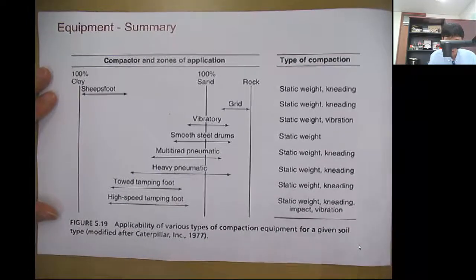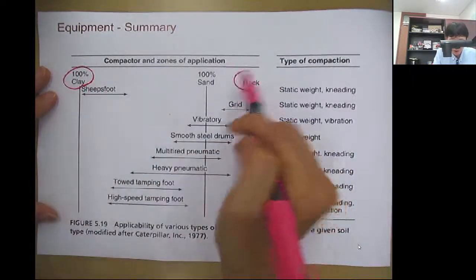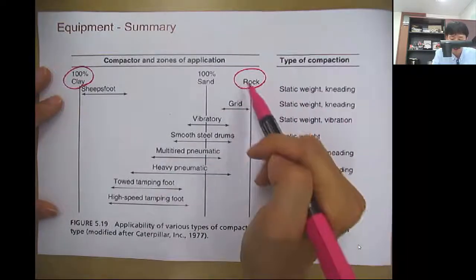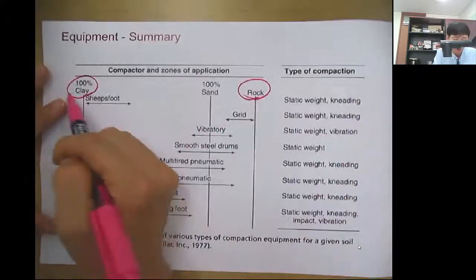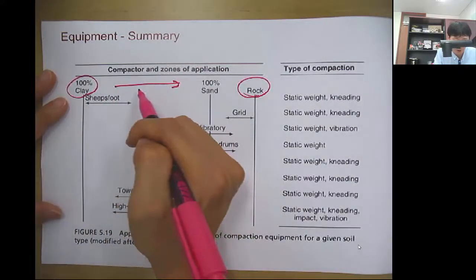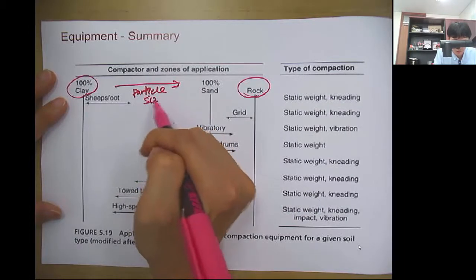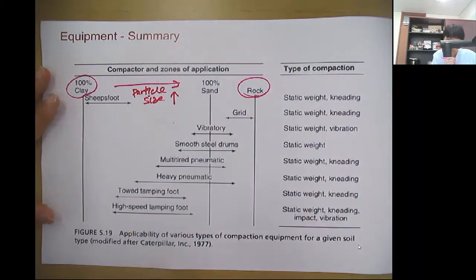So, the equipment summary. You can see that from here to here you have a larger grain size. Rock has the largest grain size, and clay has the smallest grain size. So as you go to the right side, the particle size increases.